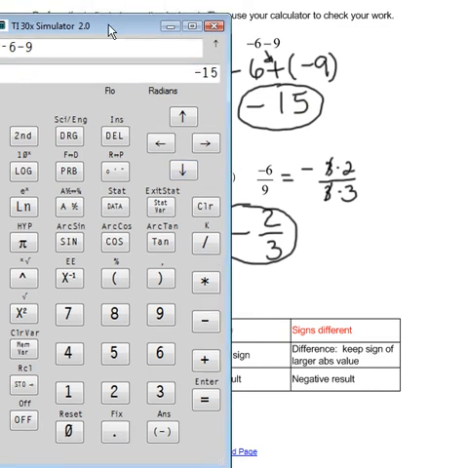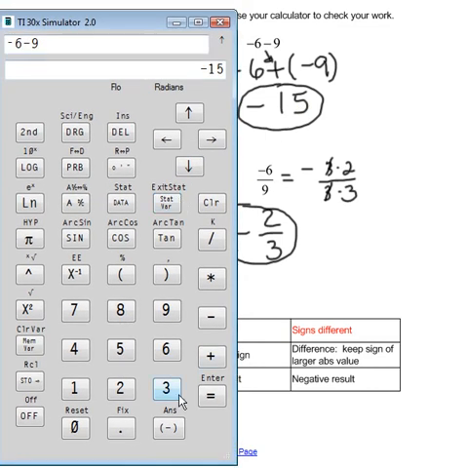And for our last one, we've got -6 divided by positive 9, so I'm just going to divide by 9, and I'm going to enter it, and it gives me this weird decimal number, but let's see if we can change the decimal to a fraction. Here, up above this PRB, it says F to D. F is fraction and D is decimal, so if we press the second and press that PRB, it says take the answer and change it from a decimal to a fraction. There's my -2/3, just like we were hoping for.